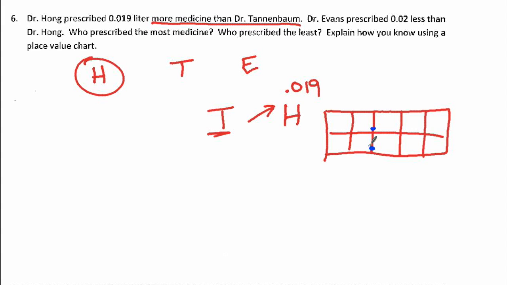19 thousandths and 2 hundredths. So we have 19 thousandths, and we have 2 hundredths. Who was 19 thousandths? Dr. Tannenbaum. Who was 2 hundredths? Dr. Evans. Who has the biggest number right there? Dr. Evans. So if I were to go in order from smallest to greatest, who do we automatically know has the most?